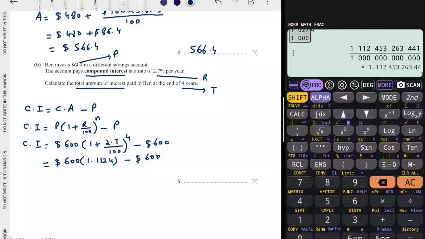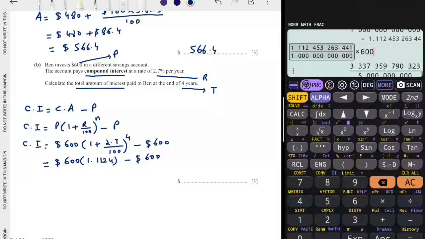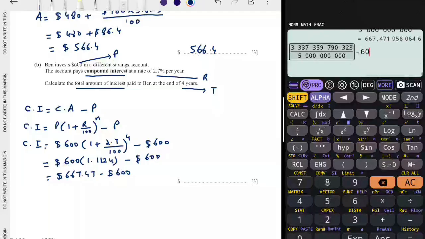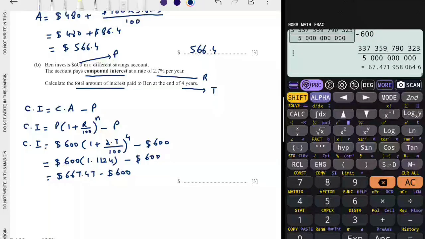So we multiply by 600. So this becomes $667.47 minus $600. We'll subtract 600, and the compound interest would be $67.47. Next question.